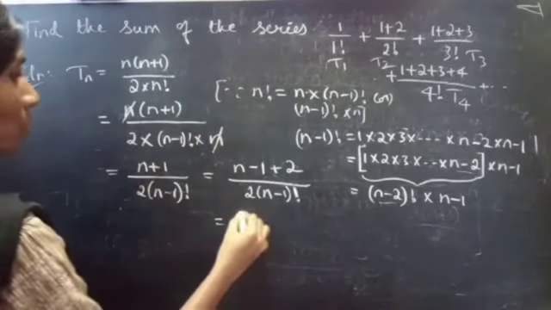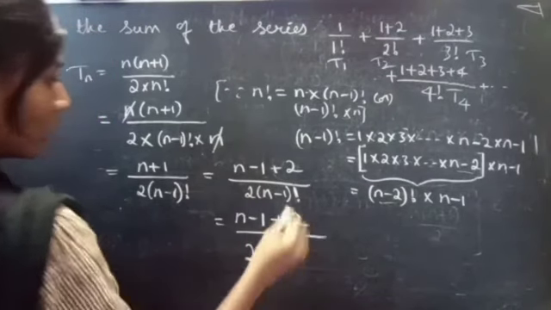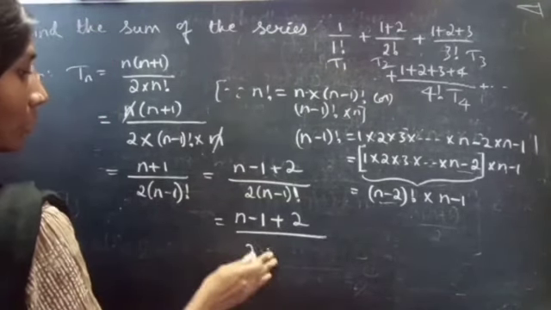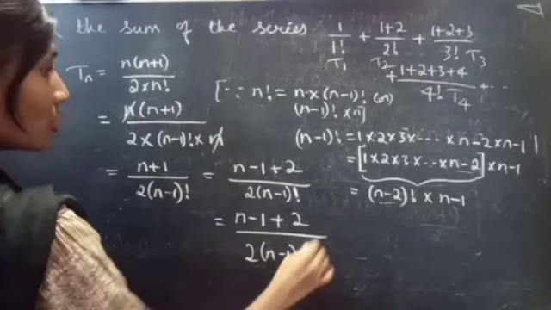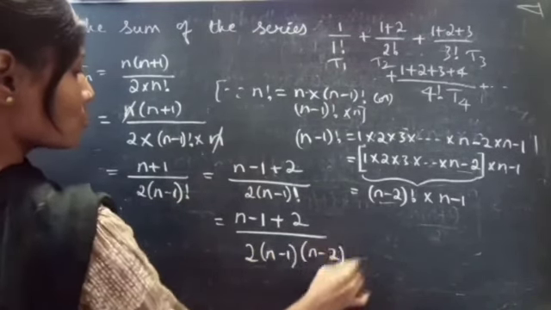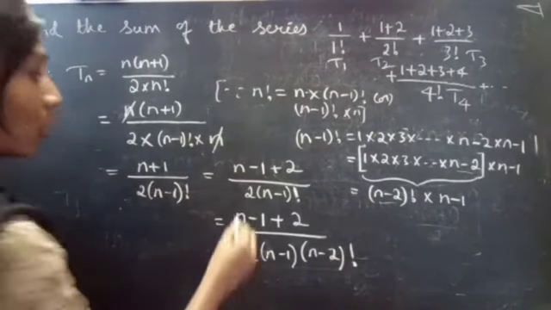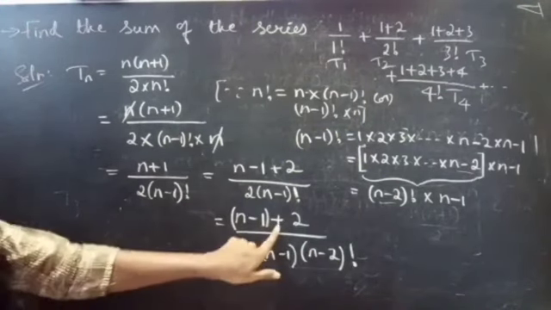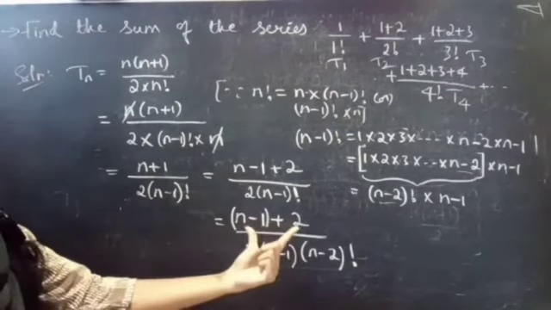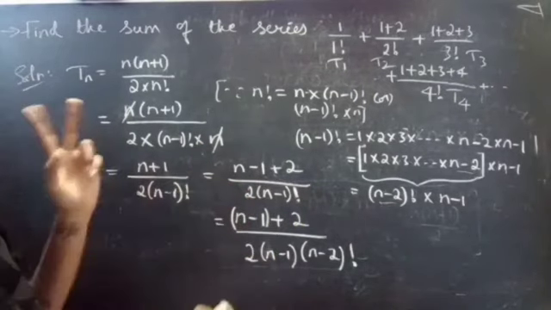So this equals (n minus 1 plus 2) by 2 into (n minus 1) into (n minus 2) factorial. Okay. So now you can consider n minus 1 as one term and 2 as another term, since you are having plus here. So finally you are having two terms, and you can split the total fraction into two fractions.